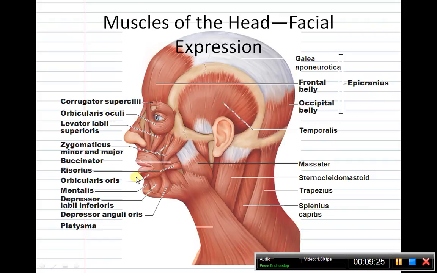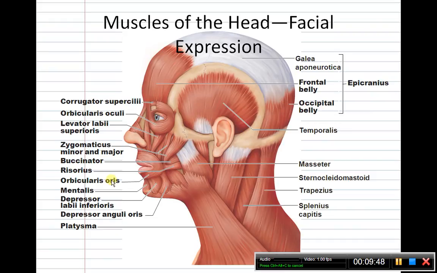If you look down here, the orbicularis oris is just the same, but it says oris, so what cavity would you expect that to go around? Right, the oral cavity. Look at the words. A lot of times if you kind of squint your mind, I know it's a weird thing to think, but if you squint your mind a little bit, the word kind of pops out at you. Orbicularis, it orbits around something. Oris is the oral cavity.